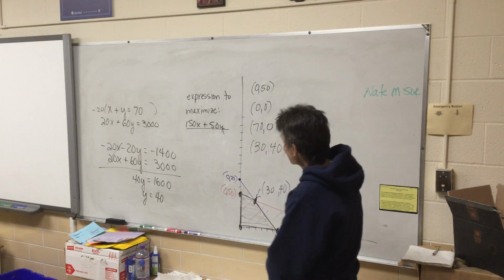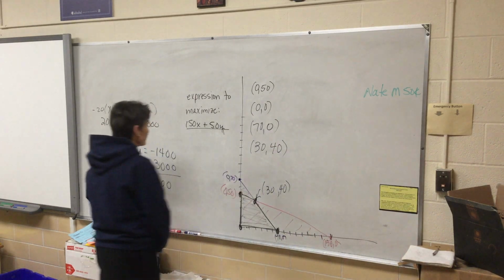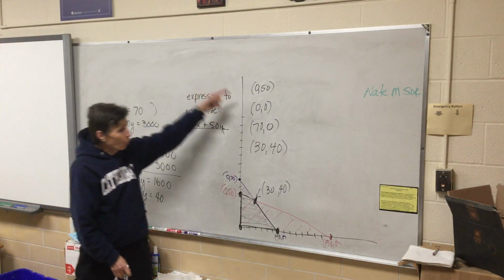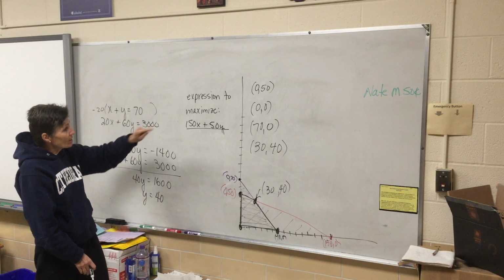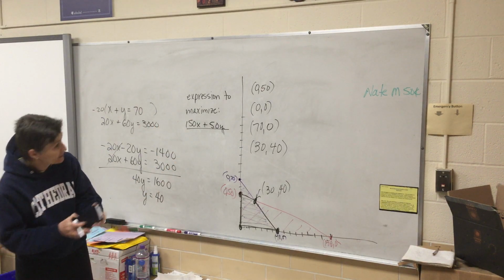So, the answer to the question, which is, how many acres of potatoes should he plant? How many acres of corn should he plant? Is one of these. And to figure out which one it is, we're going to find his profit. I'm going to use a calculator because these are kind of big numbers.